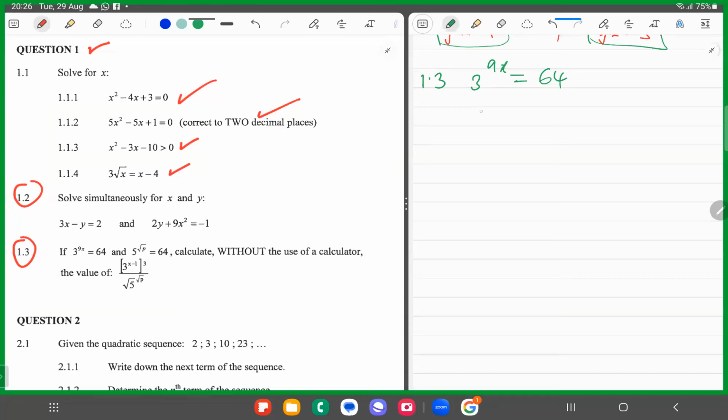So you have 3 to the 3x, you raise it to 3, equals 4 to the 3. So 3 to the 3x is equal to 4. Okay, so we have these results.